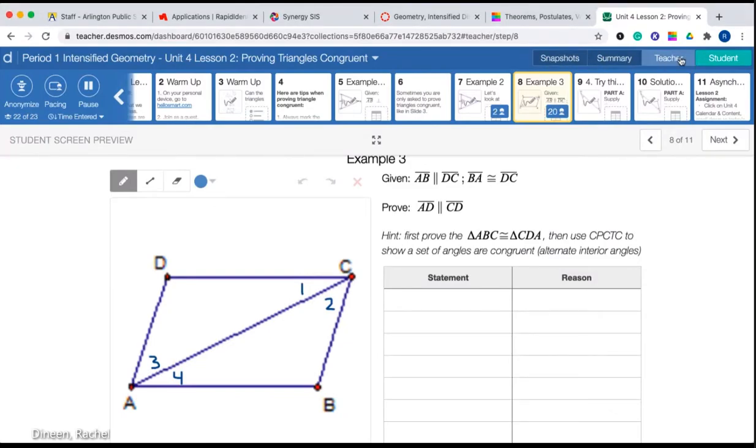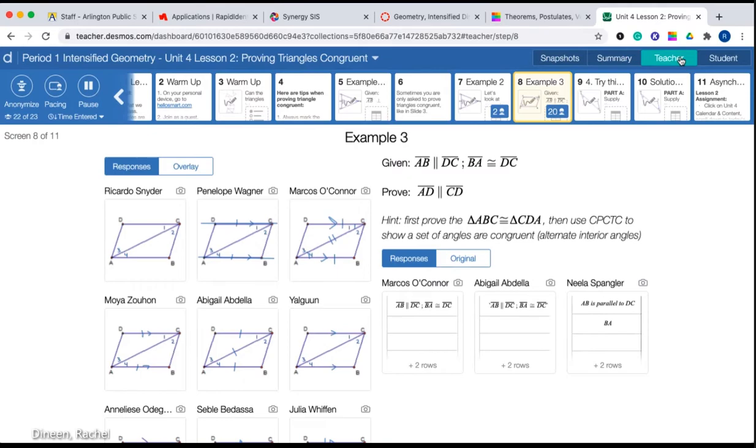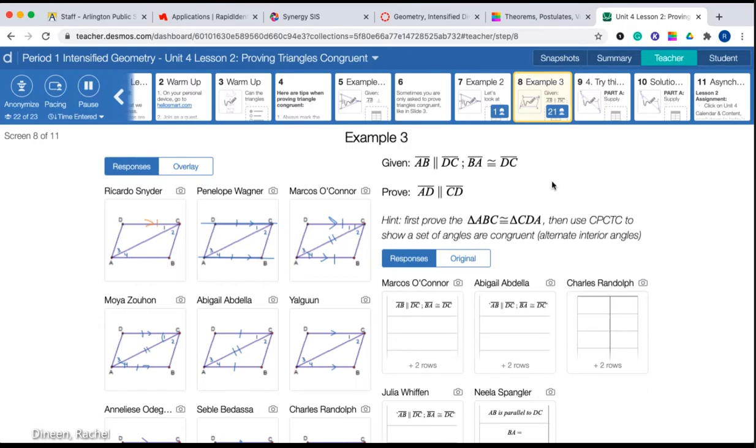So everyone should be marking on the diagram. You don't need to do the proof yet. I'll do the proof with you. But if you can just decide by what postulate or theorem we can prove these triangles are congruent.